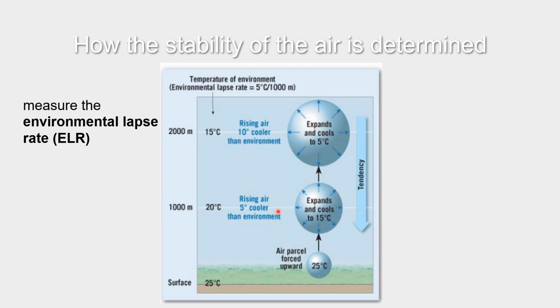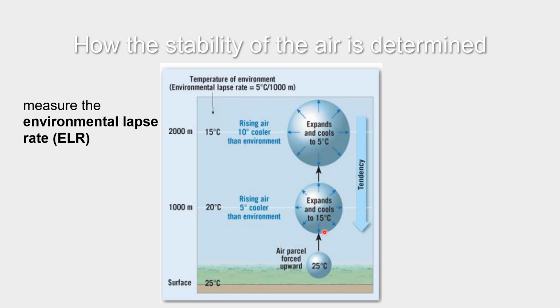And if allowed to do so, it will tend to sink to its original position. It goes up again at a rate of 10 degrees, from 25 to 15 to 5 degrees Celsius, still 10 degrees Celsius in another 1,000 meters.